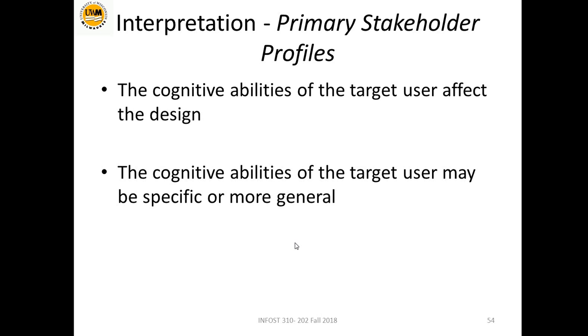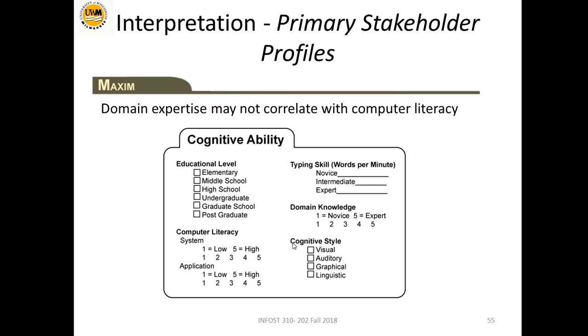Cognitive abilities: the way the users interact with each other to perform the task. For example, what educational level must they have? What typing skills? What domain knowledge? Cognitive styles?